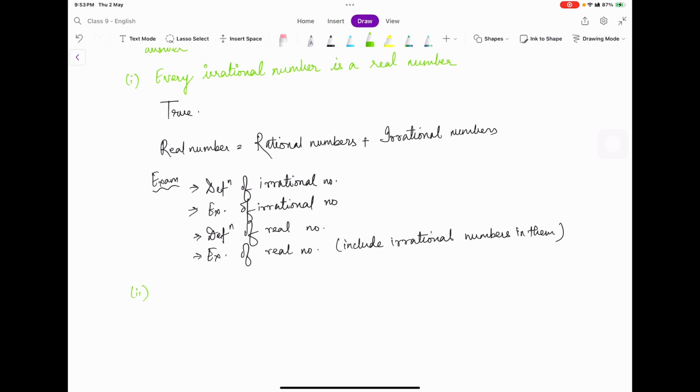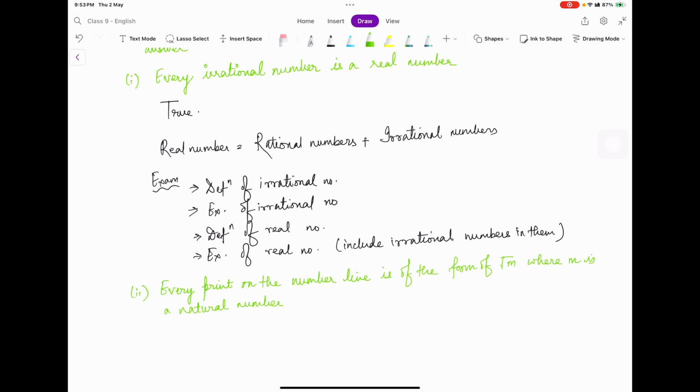Every point on the number line is of the form root m, where m is a natural number.